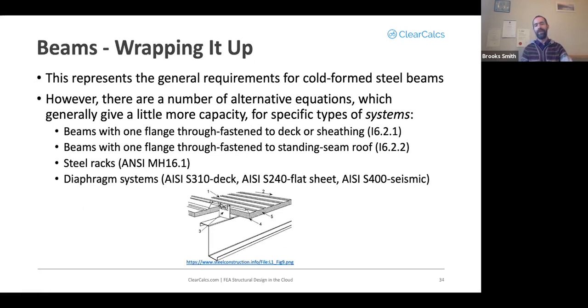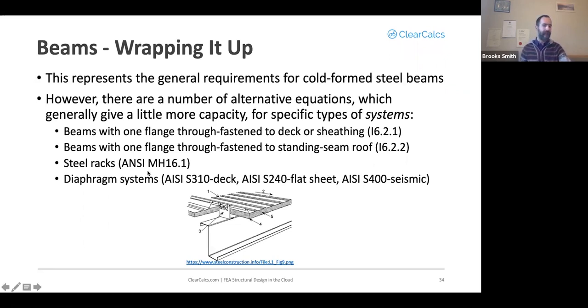So if you have a beam with one flange through fastened to a deck or one flange through fastened to a standing seam roof, then you can generally make use of some slightly less conservative equations given in section I of AISI. I'm not going to go through the details of those. They're actually relatively straightforward equations, but you can make use of those to potentially get a little more capacity.